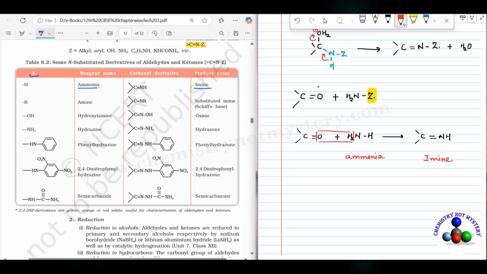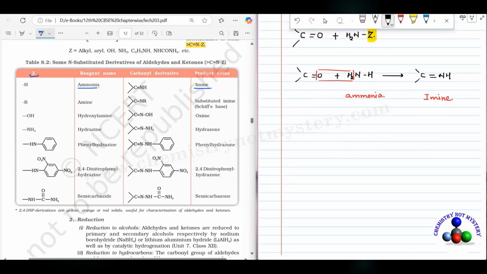Now when it reacts with amine, again write the reaction with the carbonyl carbon and amine. So here this is the carbonyl carbon, and when it reacts with amine, amine means RNH2. So here you have to write it in the reverse order. So when you write it in the reverse order, you will get H2N and R, means Z is the R group.